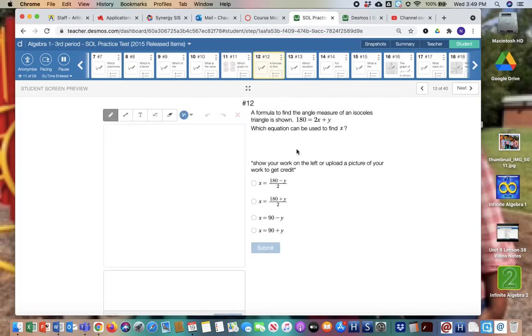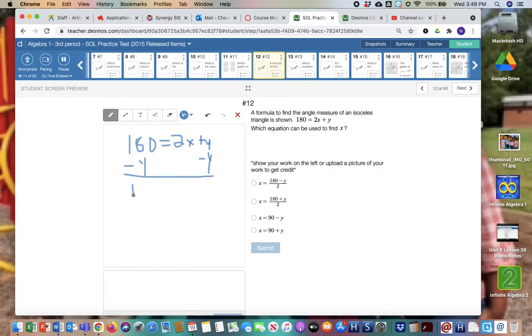A formula to find an angle measure of an isosceles triangle is shown here. Which equation can be used to find x? So what do we need to do? It gives us this formula. We need to solve for x. So let's go through and do that. To solve for x here, I'm going to start by minusing y to both sides.